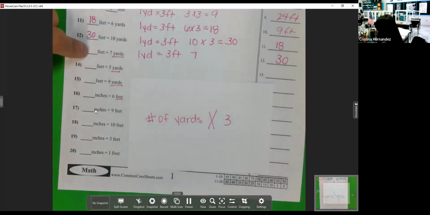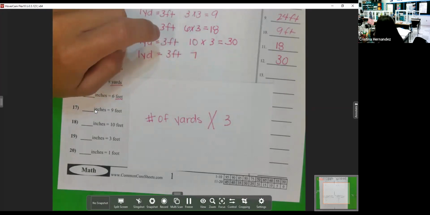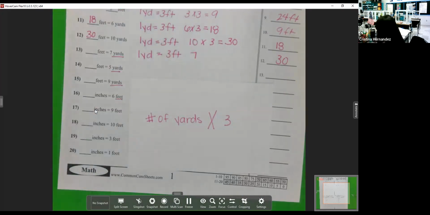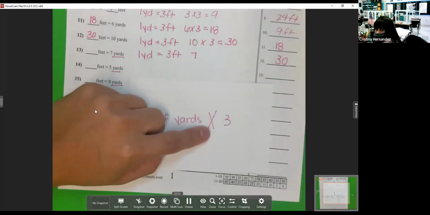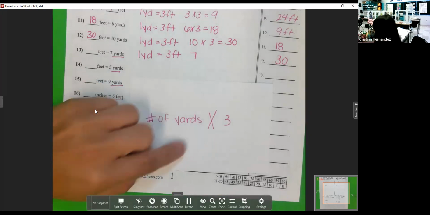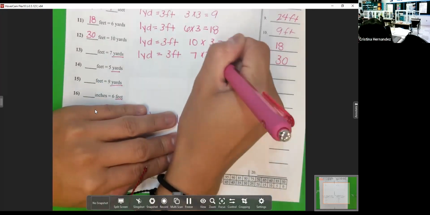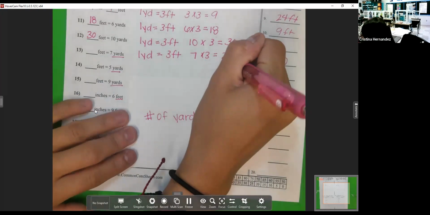On number 13, how many yards are we converting to feet? 7. 7, then what are we going to do? What's the rest of the equation? How do I figure out my, 3 times. Times 3, yes. That's what I need to hear. 7 times 3 is what? 21. So it'd be 21 feet.